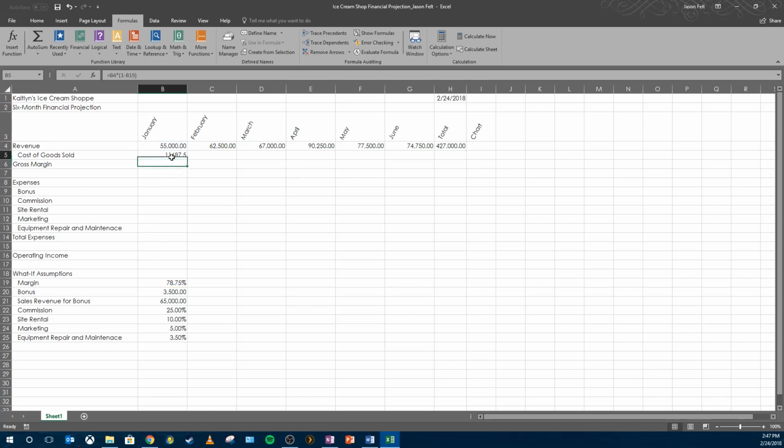What that means is we're going to assume that it's the revenue times 1 minus the percentage here. This is when it's going to be very important to use absolute cell referencing. This is why. When I move this over, you're going to get this.